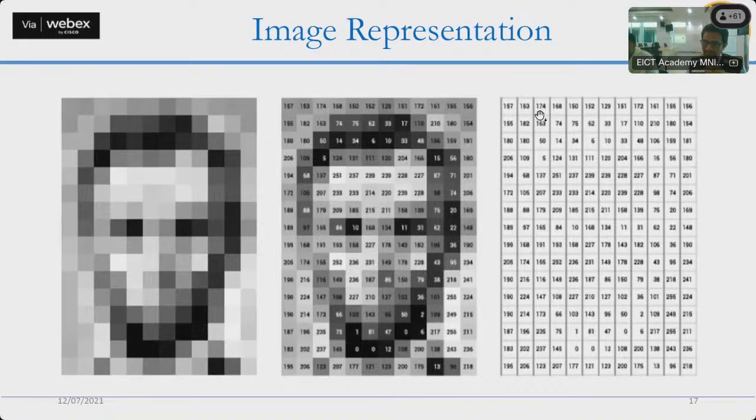In the last image, even this black and white is not required because now it has been converted into some mathematical form. So here what you are seeing are values like 157, 156, as shown till 190, and here it is 218. So these are the different values of a pixel.